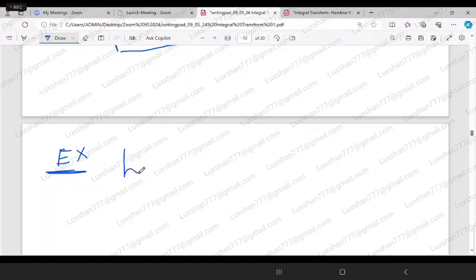So that example is we want to find the inverse Laplace transform of s squared over (s squared plus 4) all squared. Okay, so we want to find this answer.